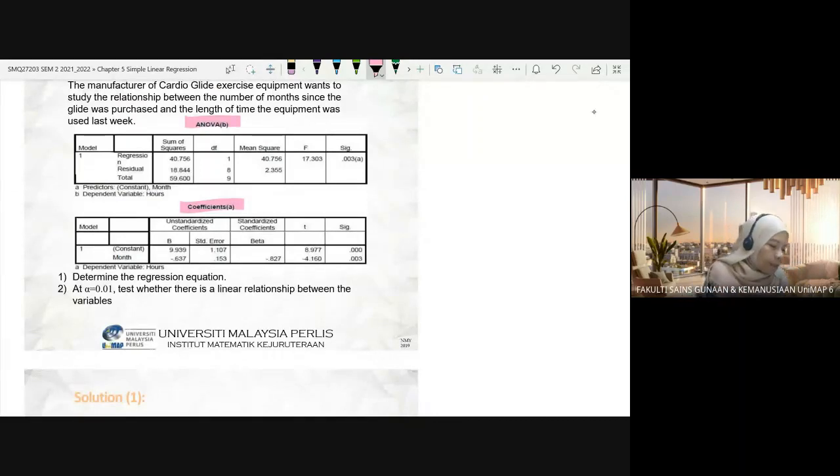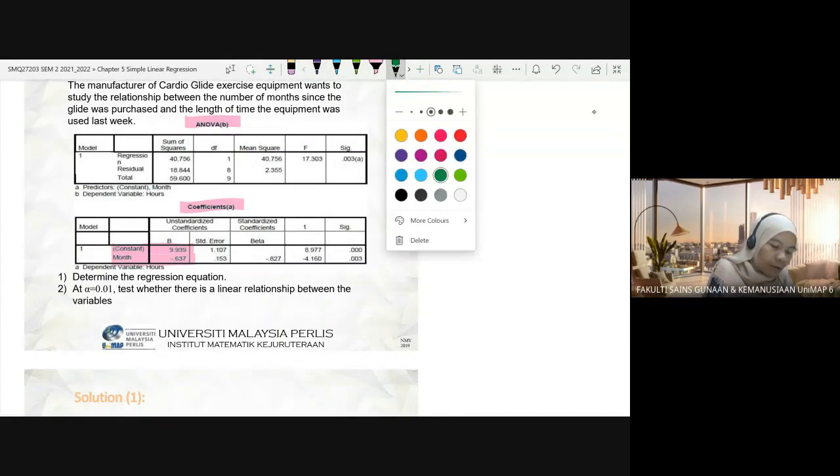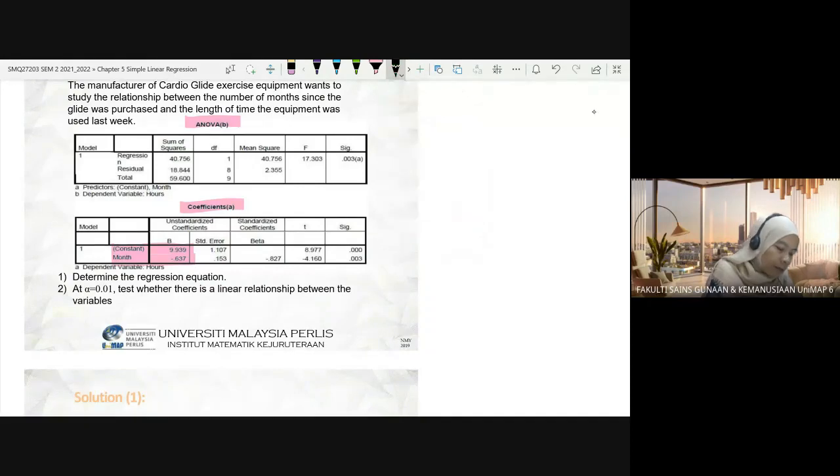This constant reflects the coefficient for your intercept value, the y value, and months is your x coefficient. From this you can take out the information to develop your model.